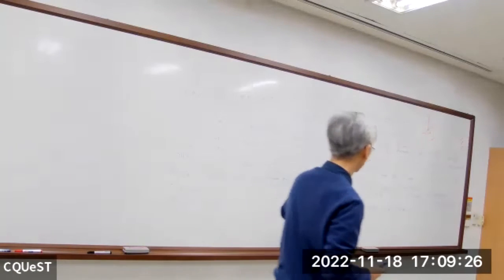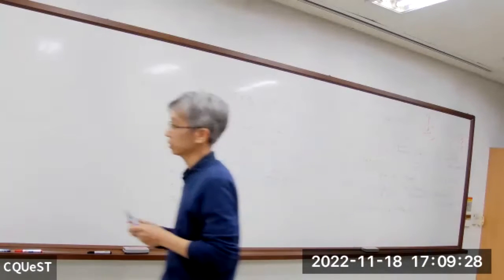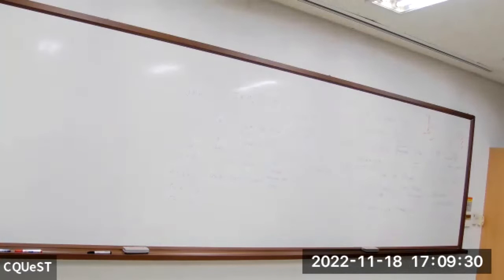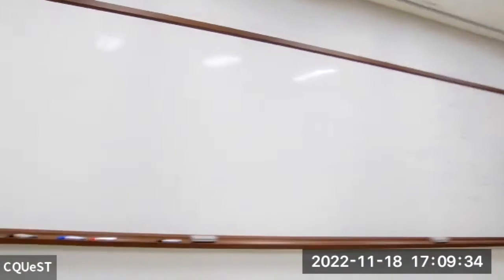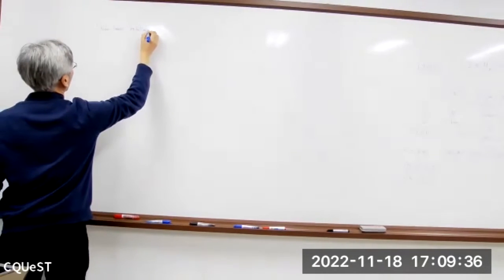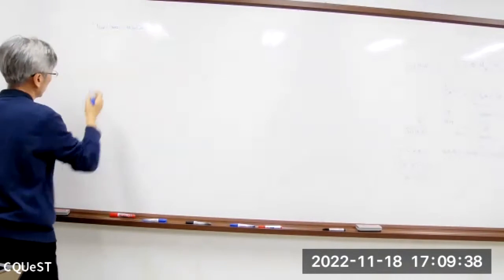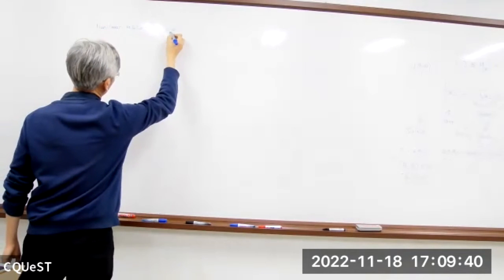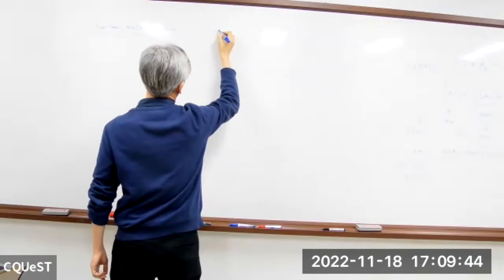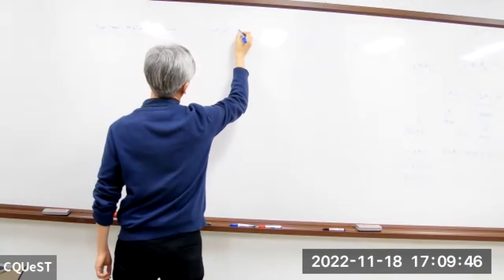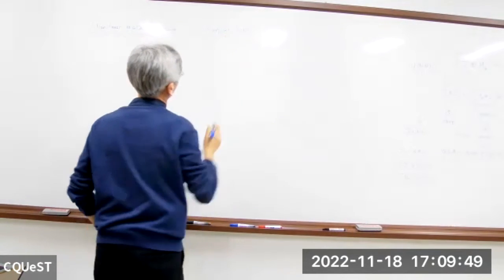Nonlinear realizations. So this thing, eventually, I understand it as a coadjoint orbit.